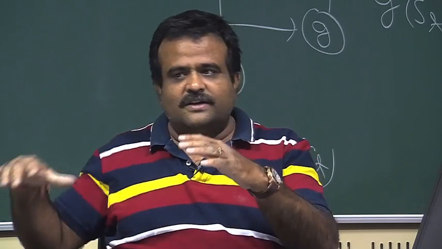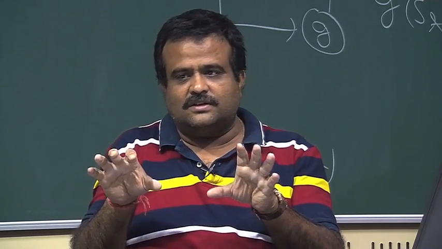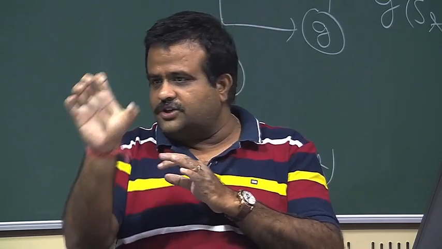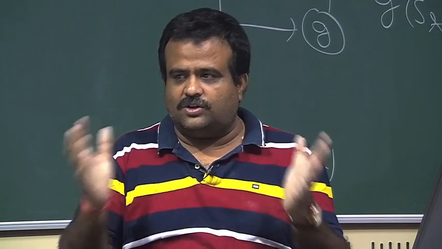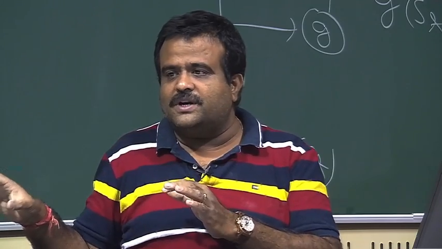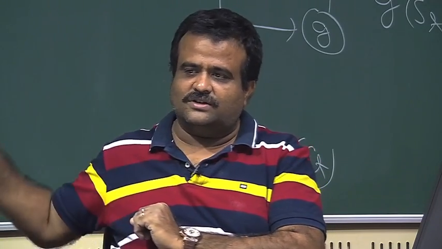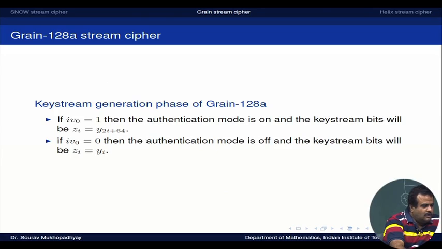We run this for 64 bits, and these 64 bits we use for authentication. The first 64 key stream bits are for that, and after that we just start generating the key stream bits. So this is the idea. Anyway, we discussed this.